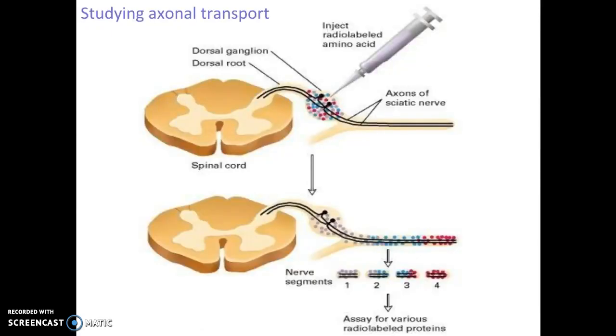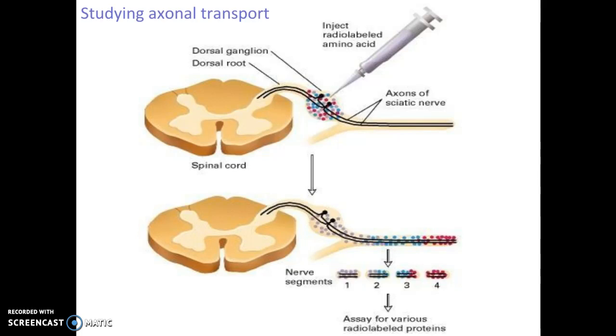This whole need for understanding this was discovered pretty early. It's pretty obvious that if the cell body is where the ER and the Golgi are, then proteins get made there, but the neuron can be feet long.